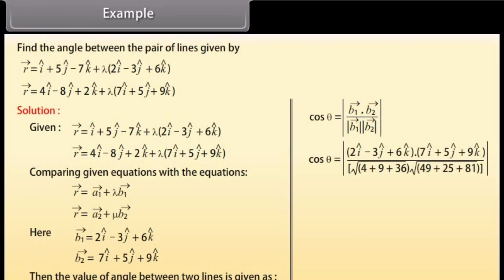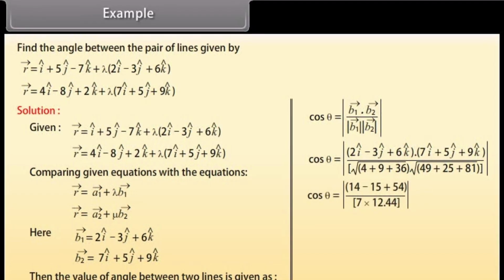Cos theta equals modulus of dot product of (2i minus 3j plus 6k) and (7i plus 5j plus 9k) divided by square root of (4 plus 9 plus 36) into square root of (49 plus 25 plus 81).